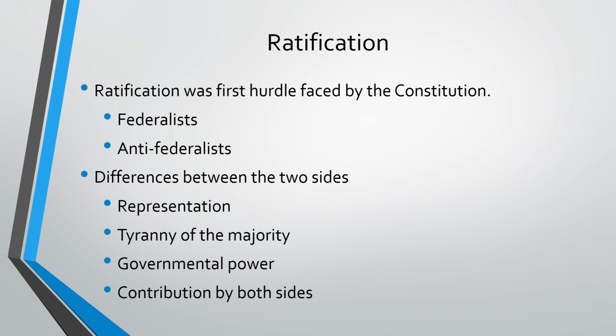Stop and consider, over 200 years ago, these framers, this small group of men, came together to create a new nation and build a government that by all intent and purposes was an experiment, right? Everywhere else, there was no government such as this. So it is because of these two sides that we have the Constitution and the government that we have today. Was it perfect?